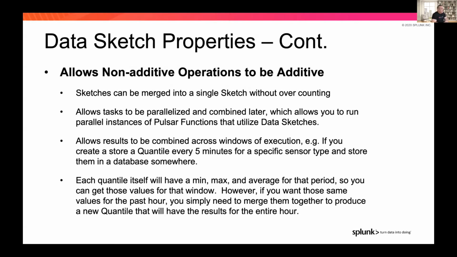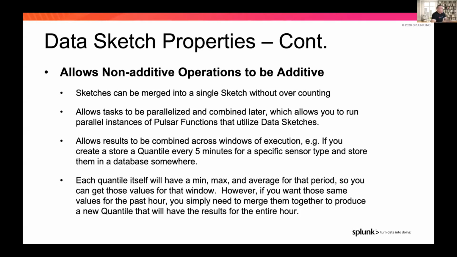Pulsar functions allow you to run in parallel. You could run 5 or 6 or 10 instances to consume all that data and keep up with the rate or the volume of data being generated. While at the same time, later on when they each have their respective sketch, you can add those back together to give you a complete, accurate result, and they would not lose accuracy when added back together. You can think of it like the MapReduce paradigm, where everybody does their task, and later you can combine the results and they all work out just fine.